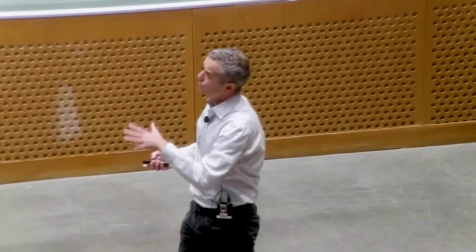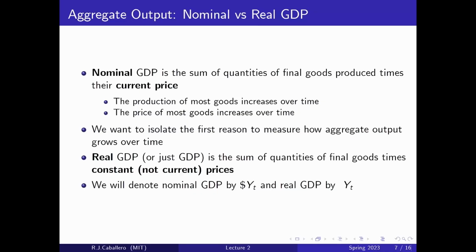The next step was to highlight that when we say output, we're really after real output. And there's a distinction between nominal output and real output. Nominal output is simply the quantity of final goods measured at current prices, while real output is measured at some fixed set of prices of one fixed year.